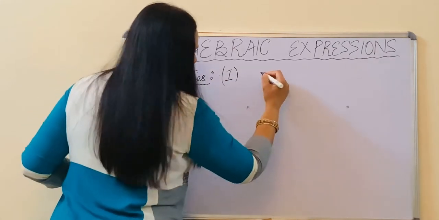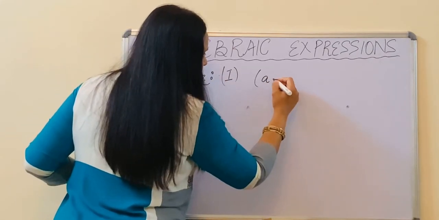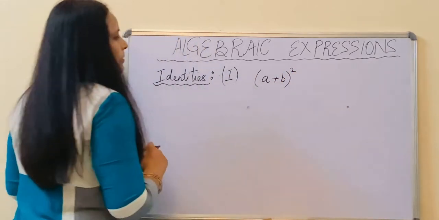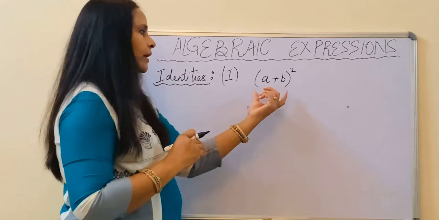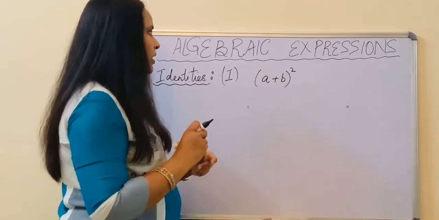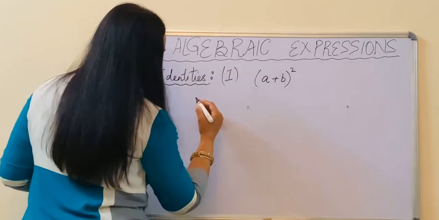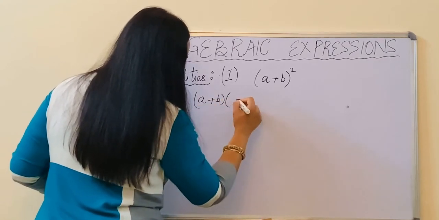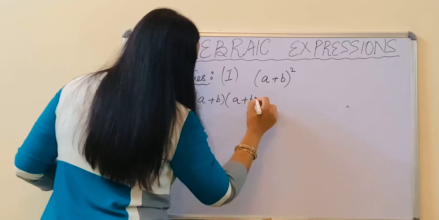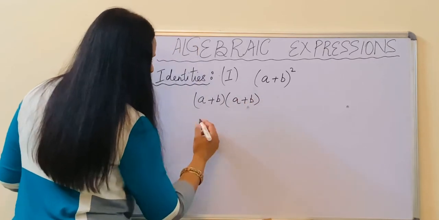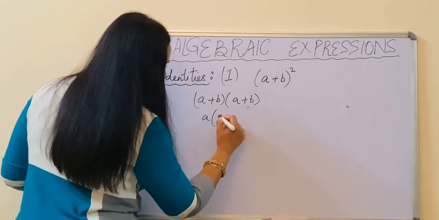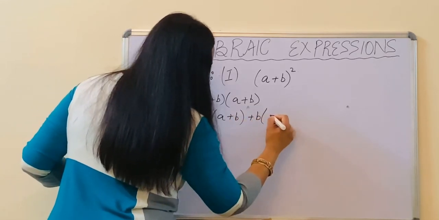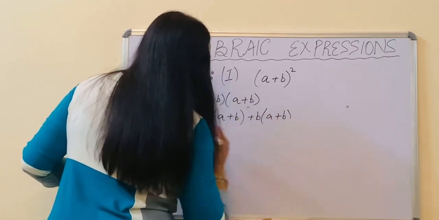The first one is a plus b whole square. Means how we can calculate this a plus b whole square. Simplifying it, we'll get a plus b, again multiplying it by a plus b. Now using the distributive property again, a multiplied by a plus b and plus b multiplied by a plus b.